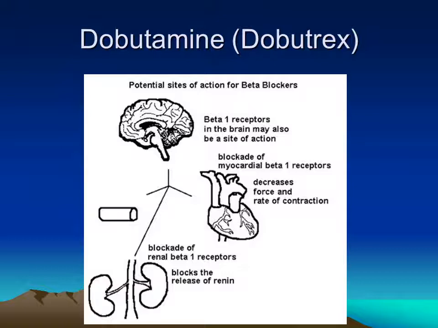This is covered in post-test question number 8. Its primary mechanism is direct stimulation of the B1 receptors of the sympathetic nervous system. And that is going to be tested on post-test question number 9.